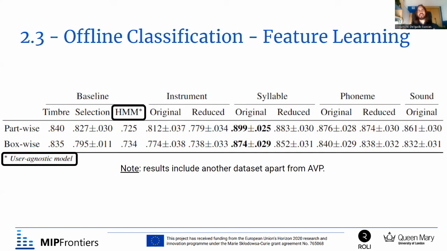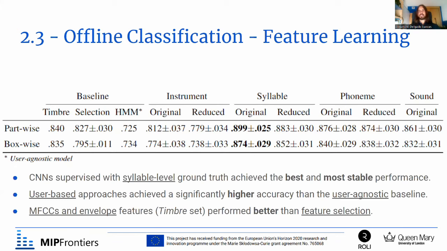This is the only algorithm used here in a user-agnostic way, meaning that it is trying to classify all the sounds into kick, snare, close hi-hat, and open hi-hat independently of the user. And the results are that CNNs supervised with syllable level ground truth achieve the best and the most stable performances of all.